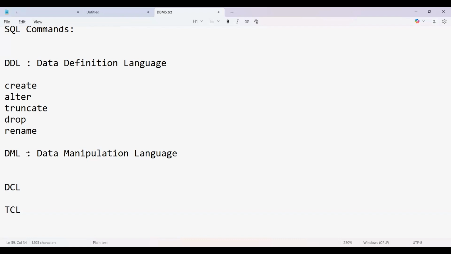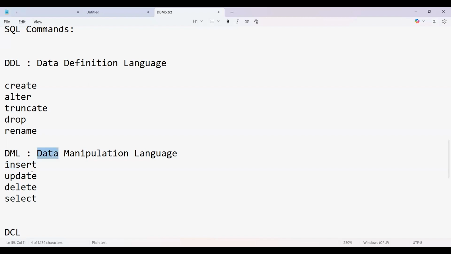For that, we have the insert command in data manipulation language, to insert the data, update the data, delete the data, and select.